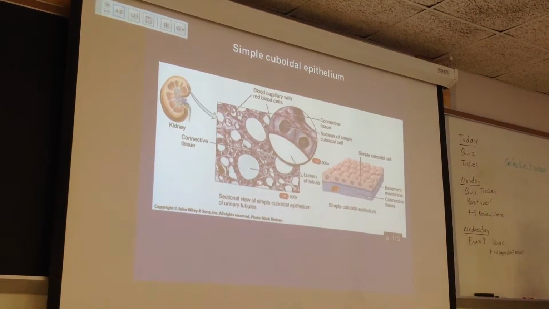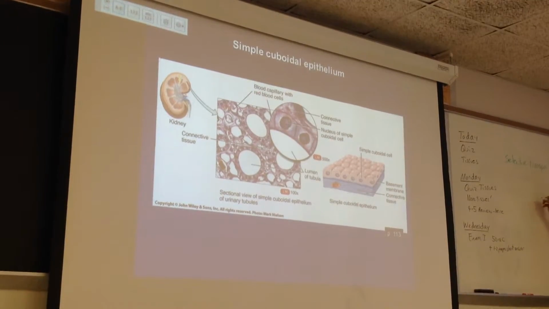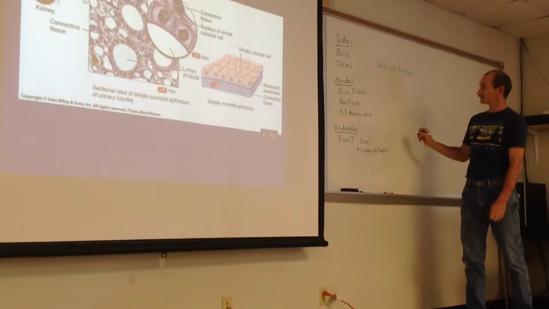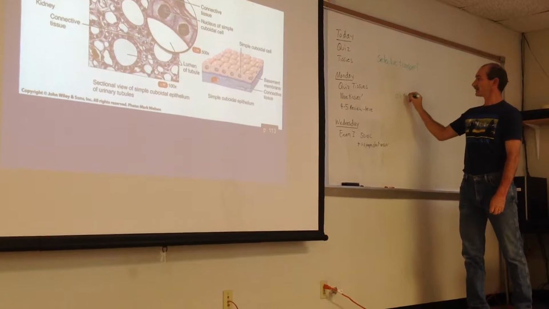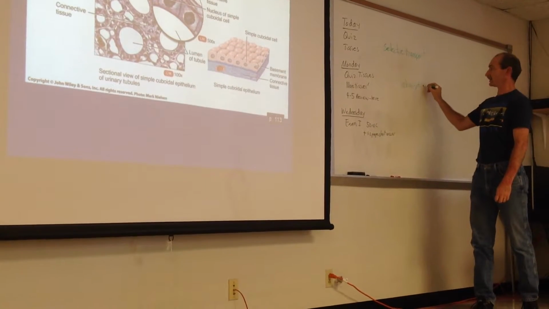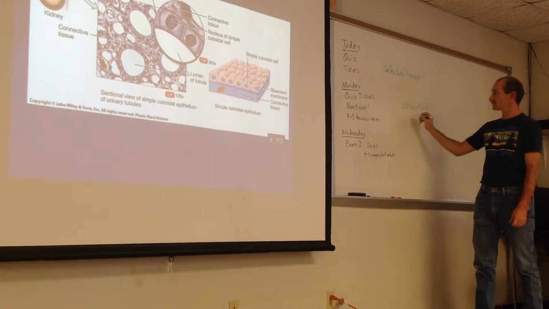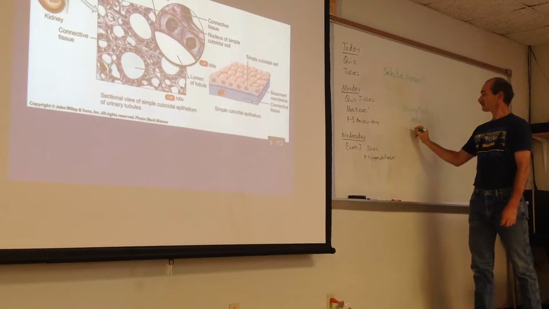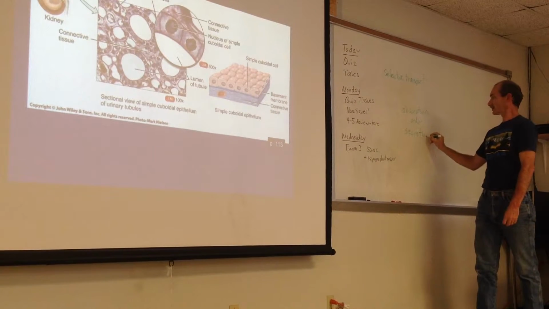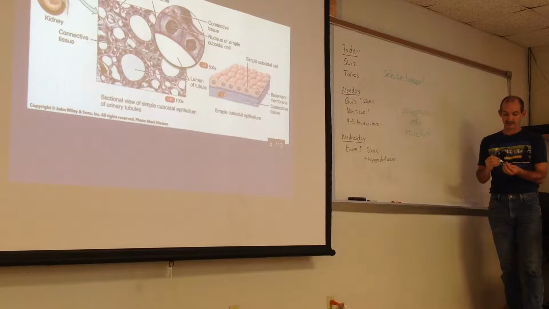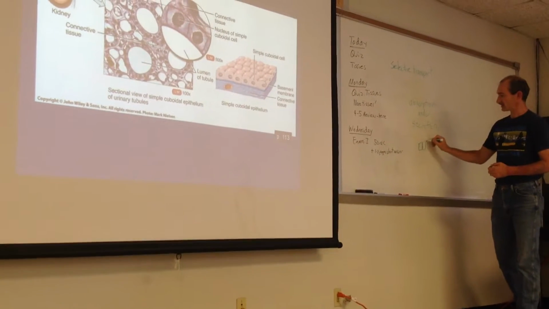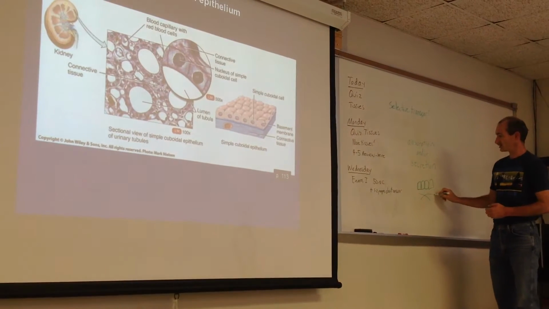In order to make this urine, sometimes there are materials that are resorbed or absorbed, and sometimes materials are secreted. So the major functions here, and this is true for nearly all simple cuboidal epithelial tissues, are absorption or secretion. We've got our cube-shaped cells, and then the tissue that's underneath here.